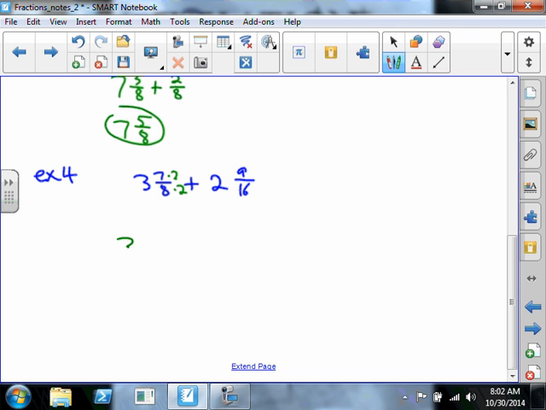So we're going to have 3 14/16 plus 2 9/16. So when we add the wholes, how much do we get? Well, let's just add the wholes first. We'll worry about making more wholes here in a minute. We get 5, and then when we add the fractions, how much do we get? 14 plus 9 gives us how many sixteenths? 23/16.